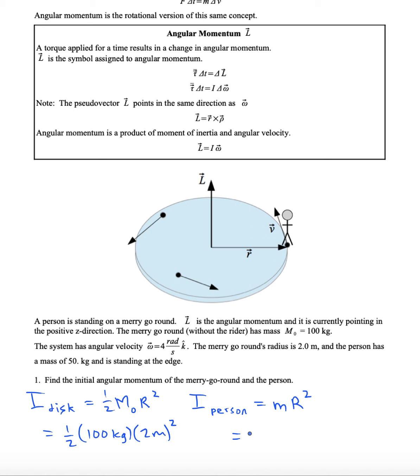For the person, we'll have 50 kilograms times 2 meters squared. That's going to be a moment of inertia of 200 kilogram meters squared for the merry-go-round, and also 200 kilogram meters squared for the person too.